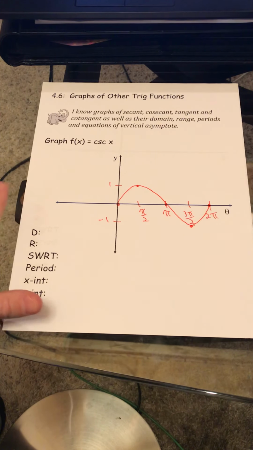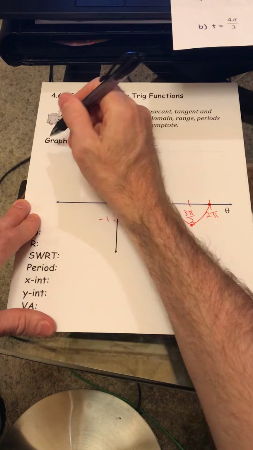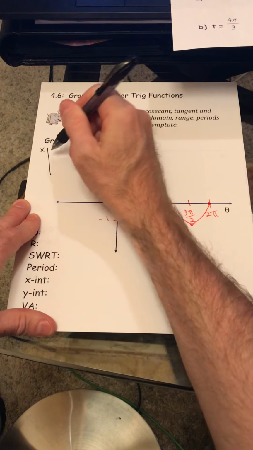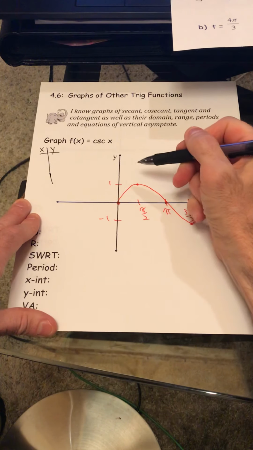Now, from here, kind of like when we initially plotted these, we did set up some tables. So, keeping in mind that when we actually are finding these, we're going to use the reciprocals.